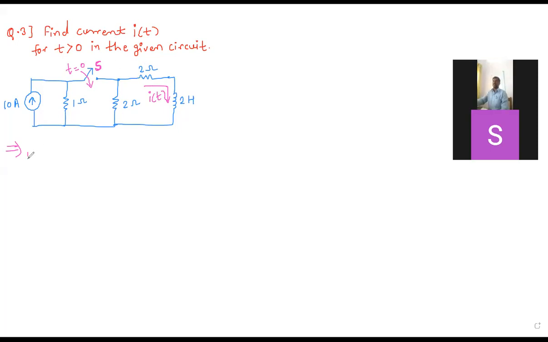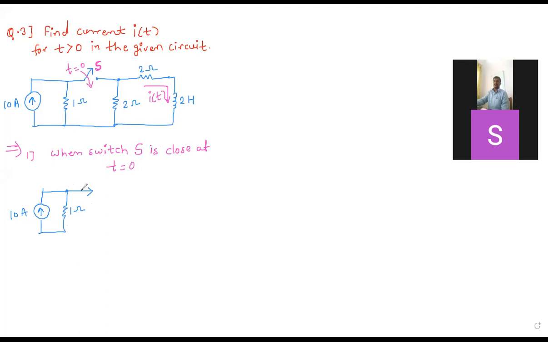First of all, according to the new position of the switch, I will draw the diagram at t equal to 0. This is 10 ampere. This is 1 ohm.